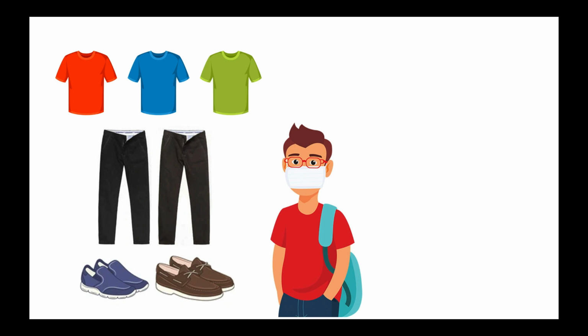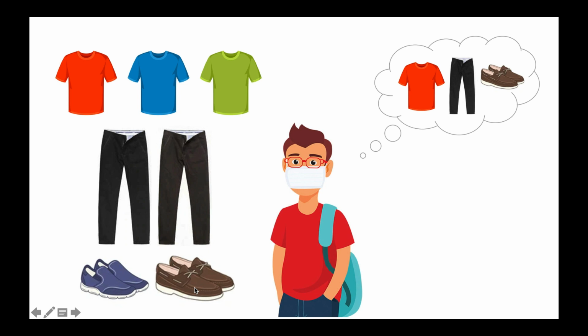If he is going to make an outfit out of these items, it means that for every outfit, he has to choose 1 shirt, 1 pants, and 1 shoes. So the question is, in how many ways or how many possible combinations of outfits can he have?